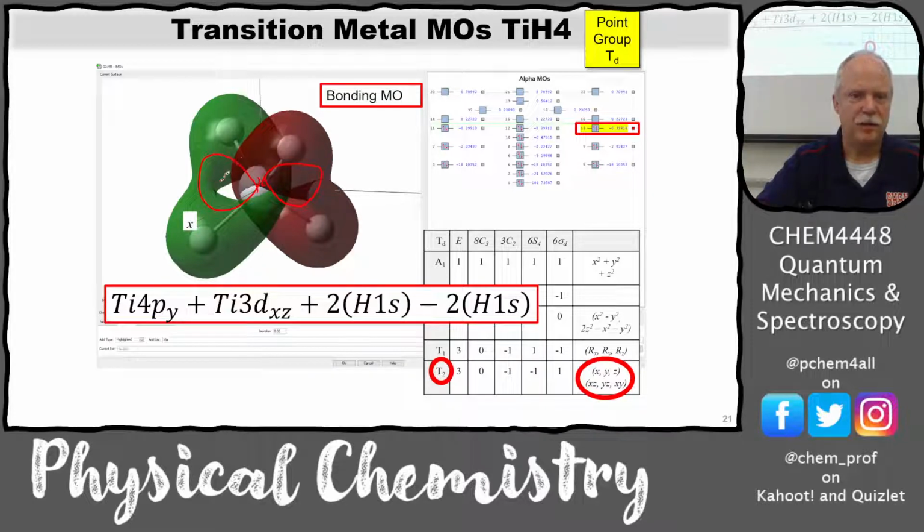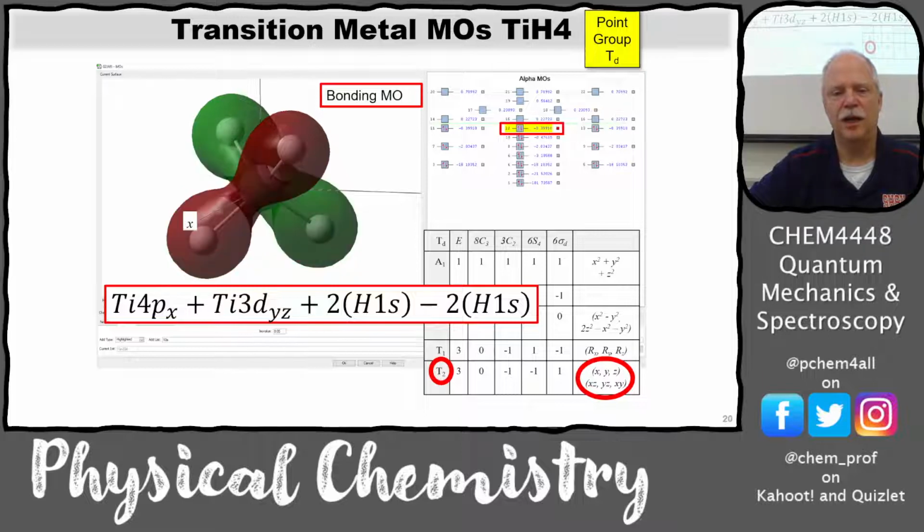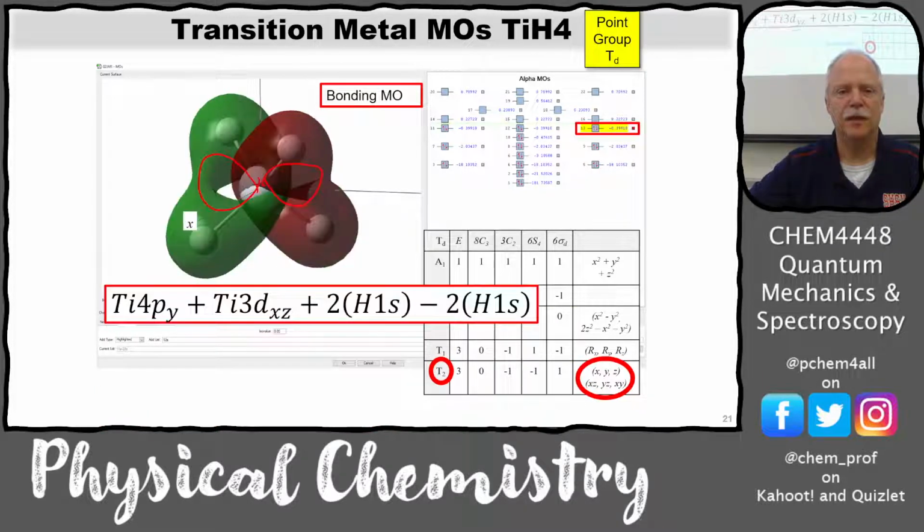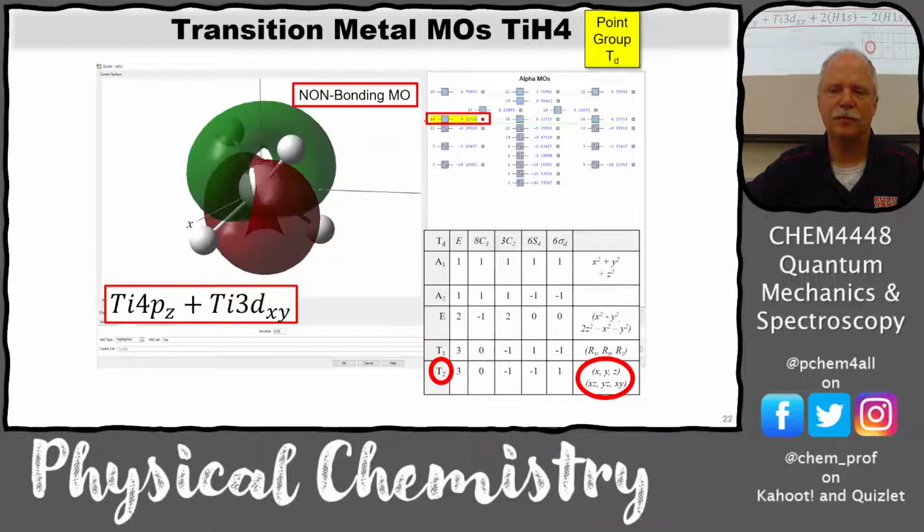I showed you earlier how it mixes here. It's hard for me to draw that. And then the two hydrogens are in phase with it, but out of phase with each other. So those are the three orbitals that are up here in the highest occupied molecular orbital.